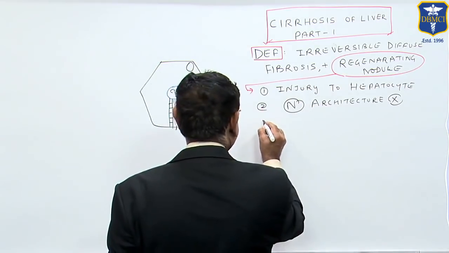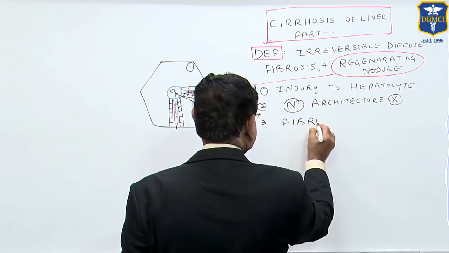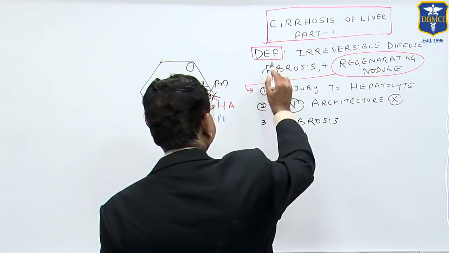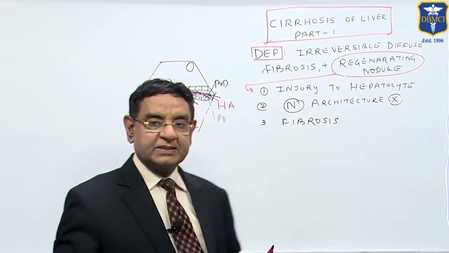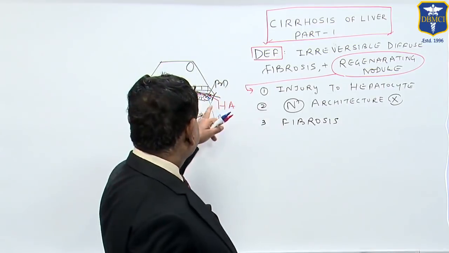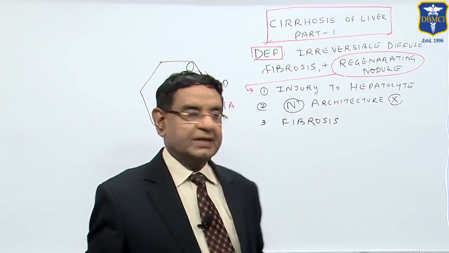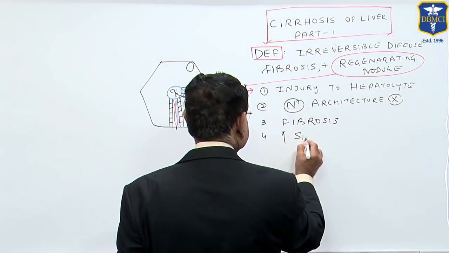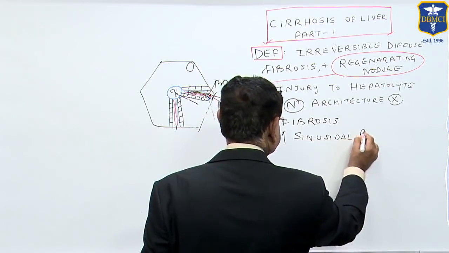Now these nodules are surrounded by fibrosis, which is the hallmark of the pathology of cirrhosis of liver. This fibrous tissue will compress other sinusoids and also portal triads, whatever are left, and that will lead to increased sinusoidal pressure.